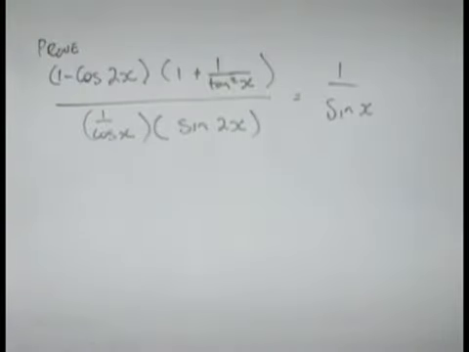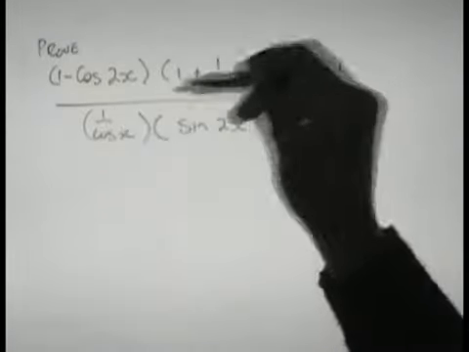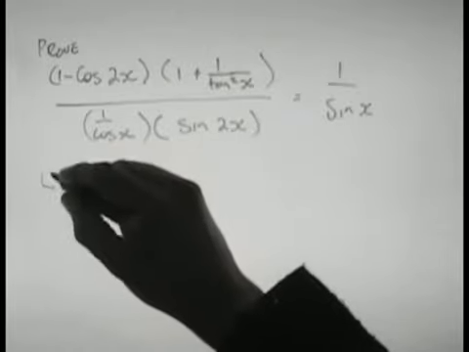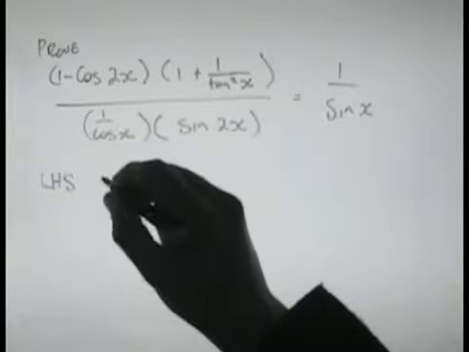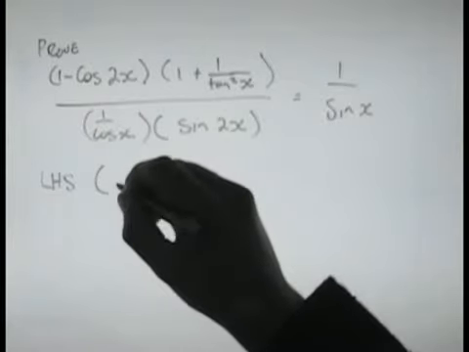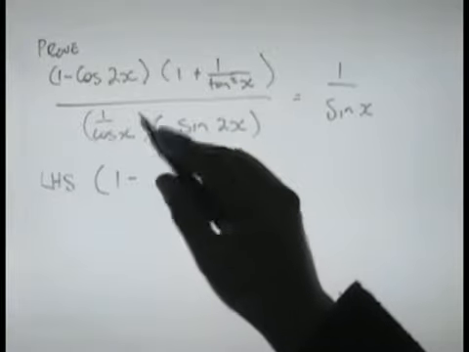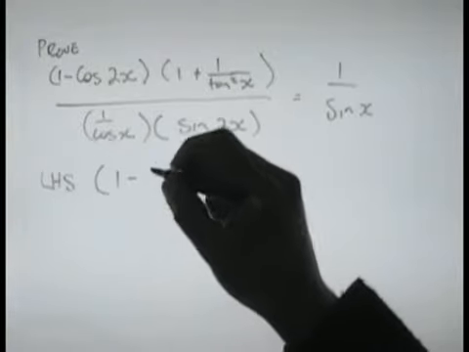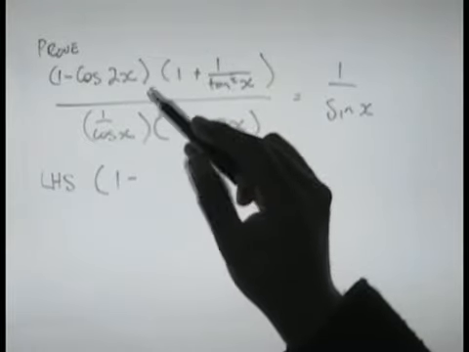Now, I'm going to start off with the side that looks most difficult. Most people would agree that the left-hand side is the more difficult side, so I'm going to start with that. 1 minus cos 2x, I'm going to turn that into 1 minus the first cos 2x. There are three possibilities.